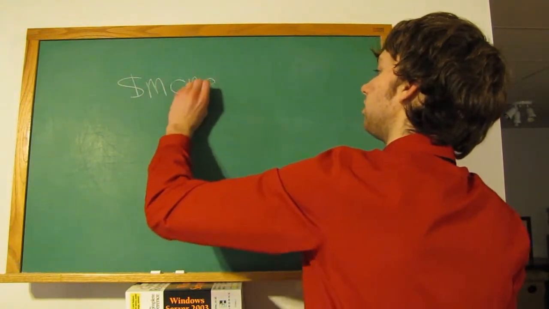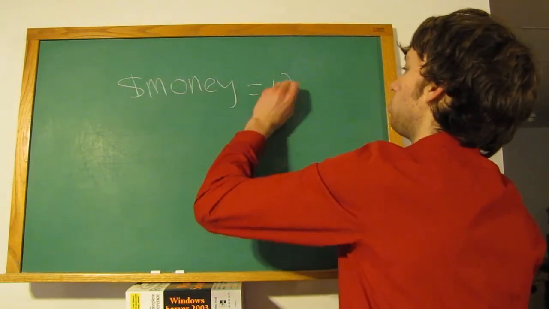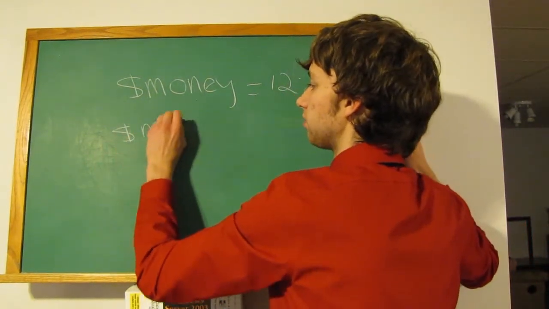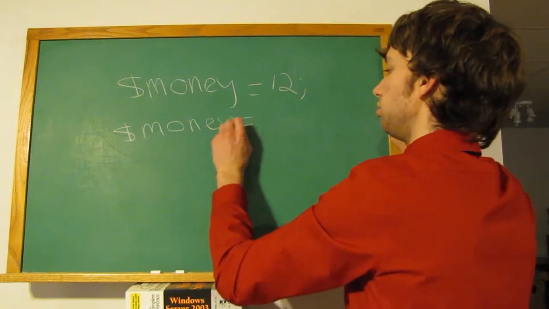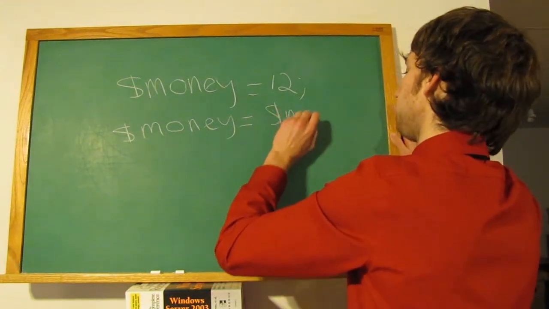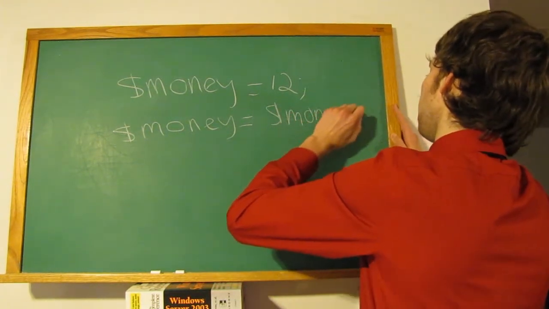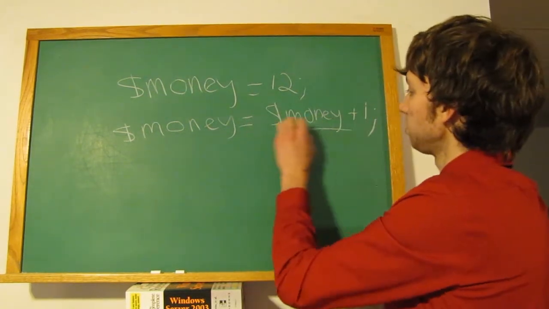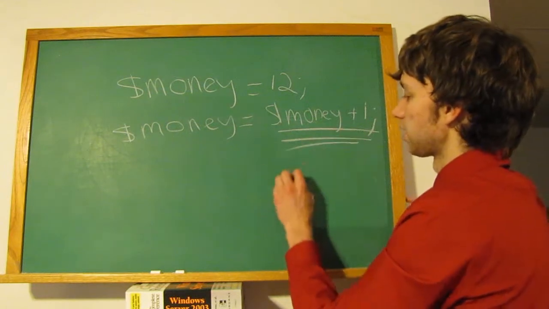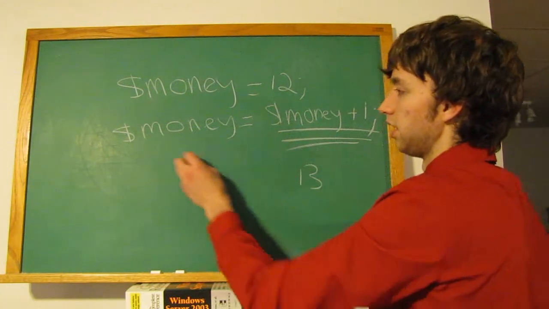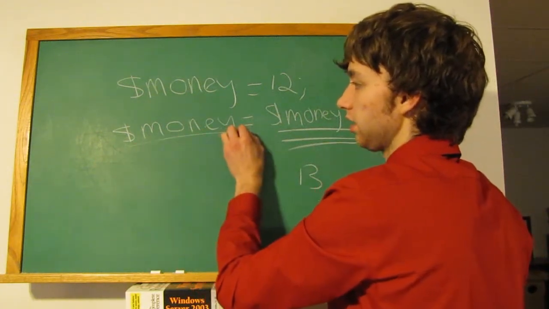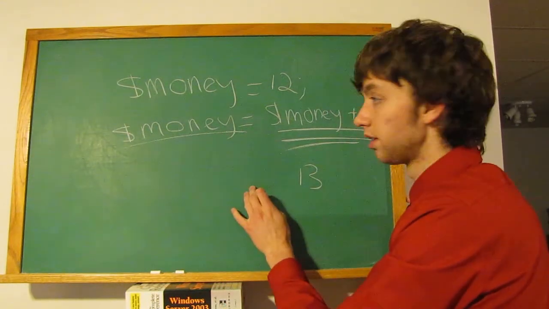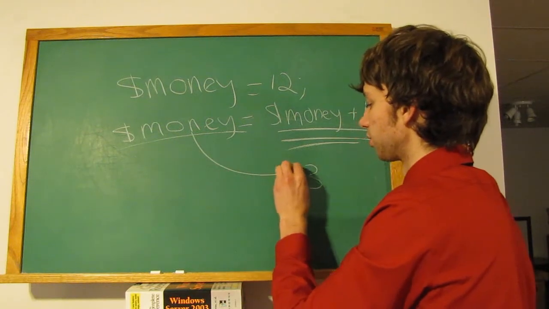Money equals 12. Now we're reassigning money to be the value of money plus 1. So how's this going to work? Well, money plus 1, that's going to be 13, and then the money, the original variable, the value it's assigned, points to the new one of 13.